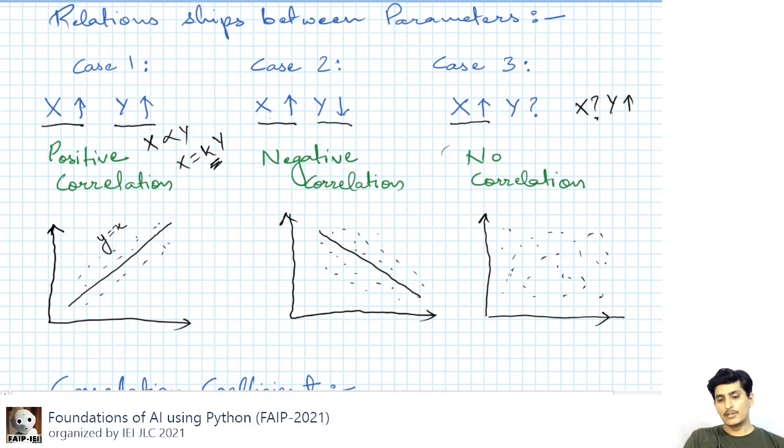I cannot give you the equation for this line, but you will see a downward hill kind of a line, and the data will be spread around that in case of negative correlation. However, in case of no correlation, or where there is no exactly defined relationship between x and y, the data will be scattered completely around our data values or data parameters. It could be scattered completely on this graph, on these axes.